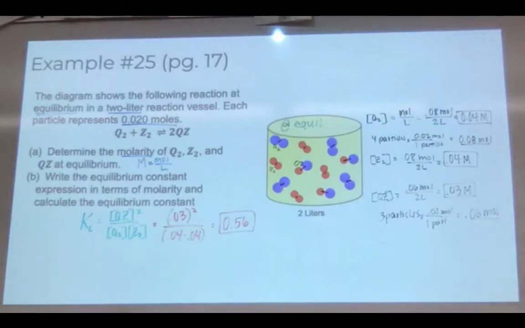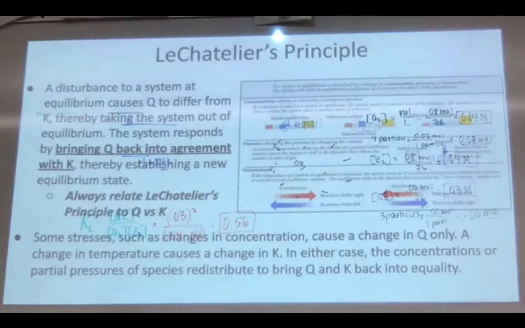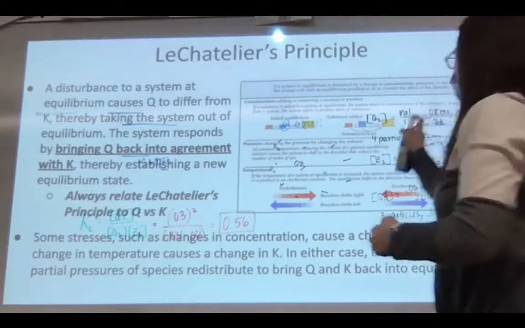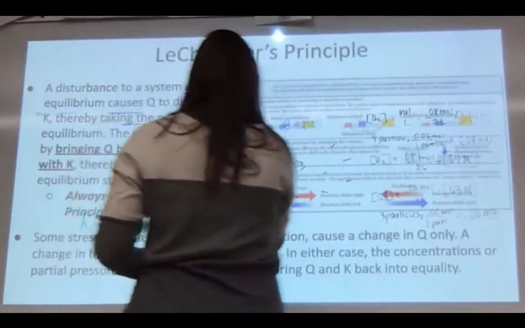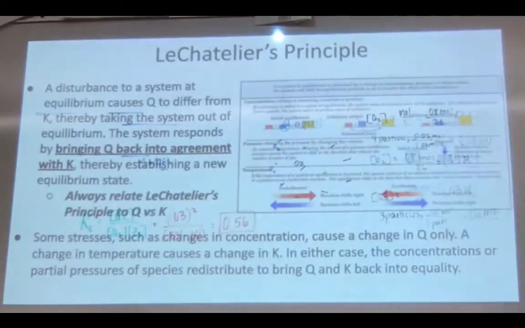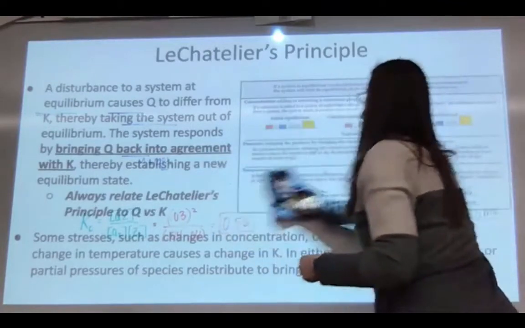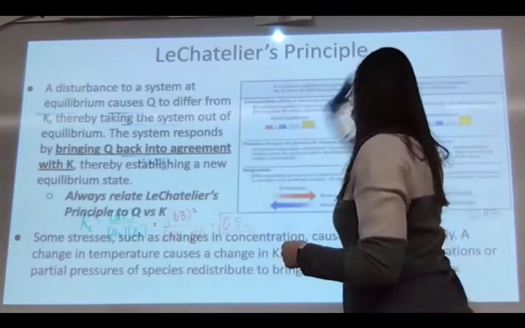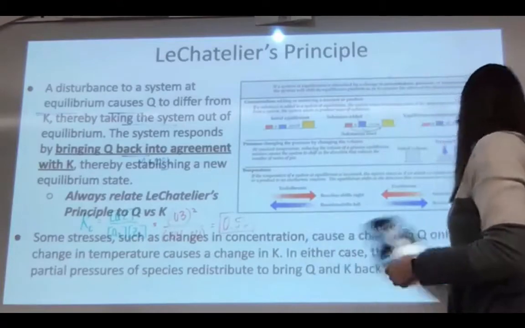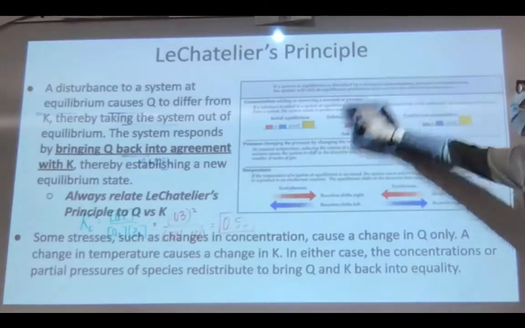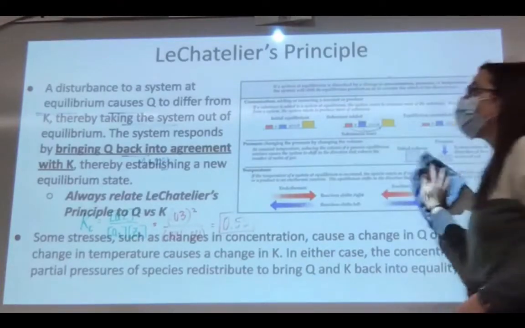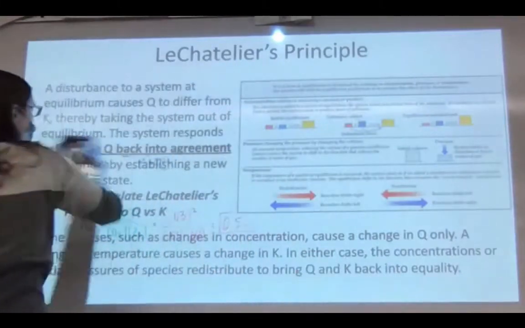All right, if not, we're going to flip back to LeChatelier's principle. So the first LeChatelier's principle example we're actually going to do is example 18. But I want to talk a little bit about LeChatelier's principle first. So you have this diagram in your notes. And LeChatelier's principle is about how a reaction will respond when you change its equilibrium.